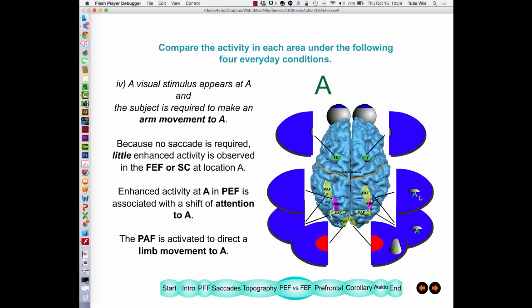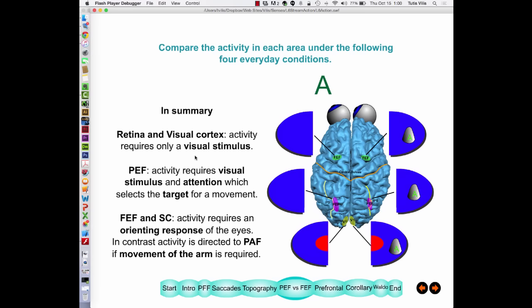The parietal eye field fires not only for eye movements, but for anything that you attend to. So you have activity there, but as well you have activity in your parietal arm field. These two regions here. And because you have to maintain fixation, not look at A, you have activity in the foveal region of your frontal eye field.